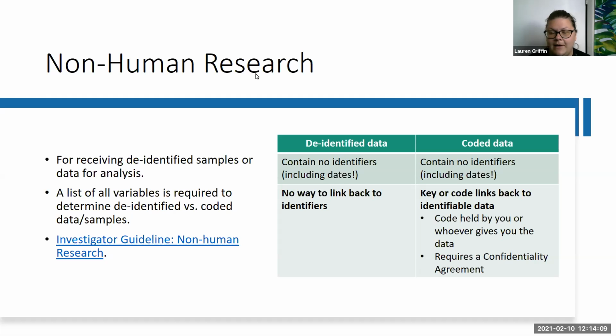It's not completely de-identified, because if you had that code, you would still be able to link people back to their identities. And so this will require a confidentiality agreement. Again, when you submit, IRB staff and the reviewers will be able to help you out with this, but just keep in mind the difference between these two.